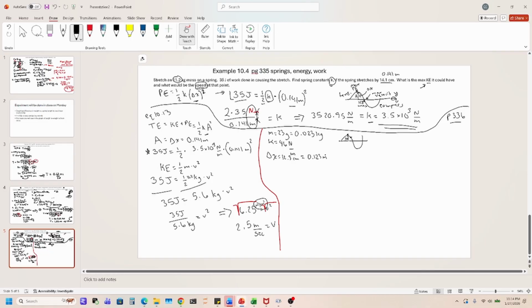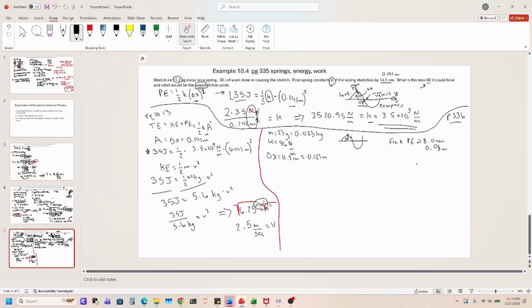In order to find the speed, we need to figure out what kinetic energy is, because that equation has the velocity component to it. But in order to find the kinetic energy, we are going to need to be able to find our potential energy and our total energy in the system. What we're going to end up needing to do is find our potential energy at 8 centimeters.